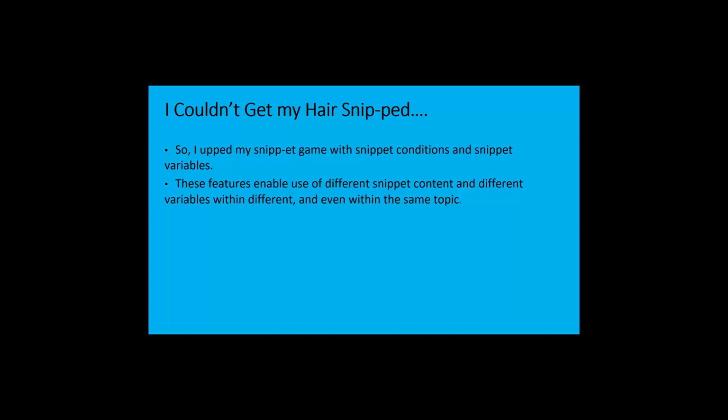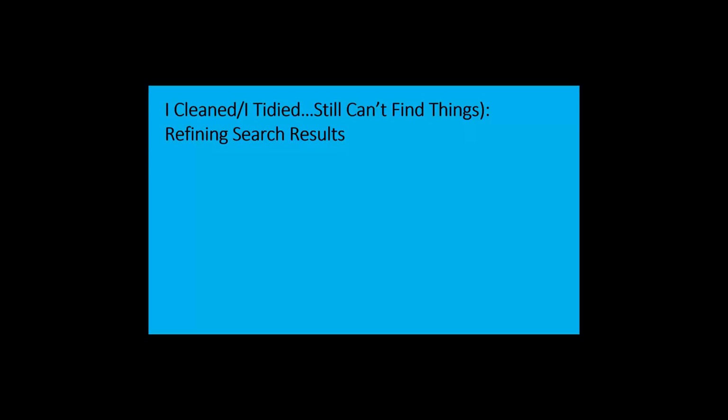But these snippet conditions and then later snippet variables actually let you take a snippet, put it in a topic, and it drills down lower and lower to your content reuse and single sourcing. Even if you're not using that snippet anywhere else, you can insert a snippet into a topic and have different content coming from the same snippet in the same topic. And that just kind of blew my mind away.